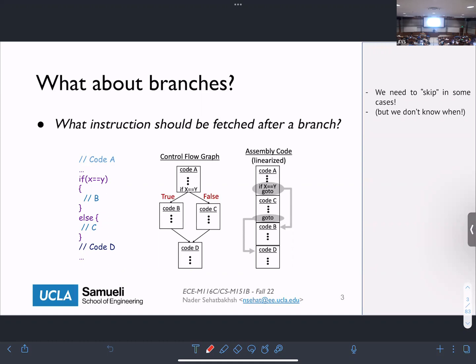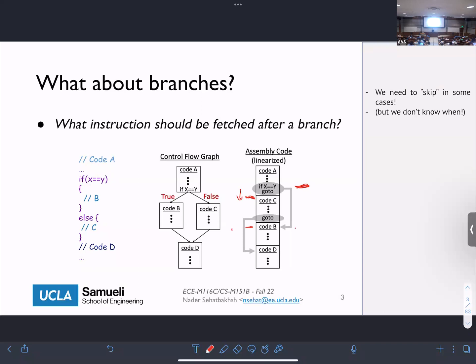Then we started talking about branches, and we said that the problem with branches is that when we reach a particular branch, given that there is a direction between taking the branch or not taking the branch, we don't know whether we should fetch this instruction or that instruction, given that the branch is not taken in this case and taken in this case.